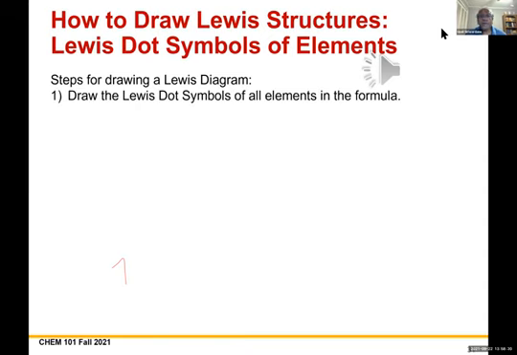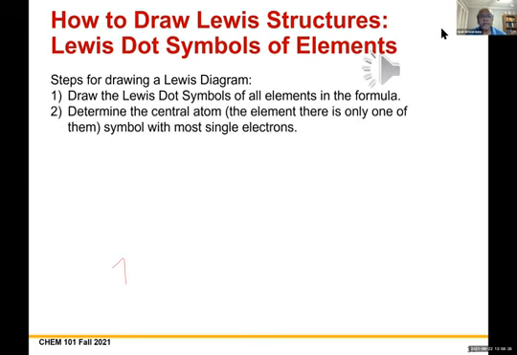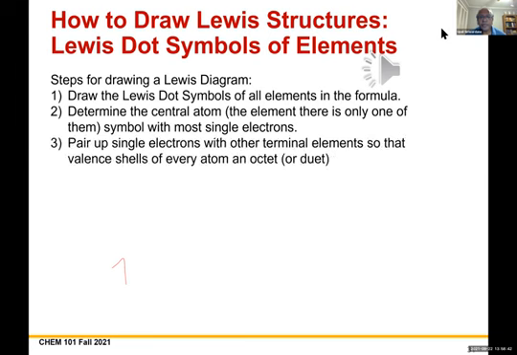Draw the Lewis dot symbol for the elements in the formula. First step, determine the central atom of the molecule. One of them is the central atom. It normally has the most single electrons.